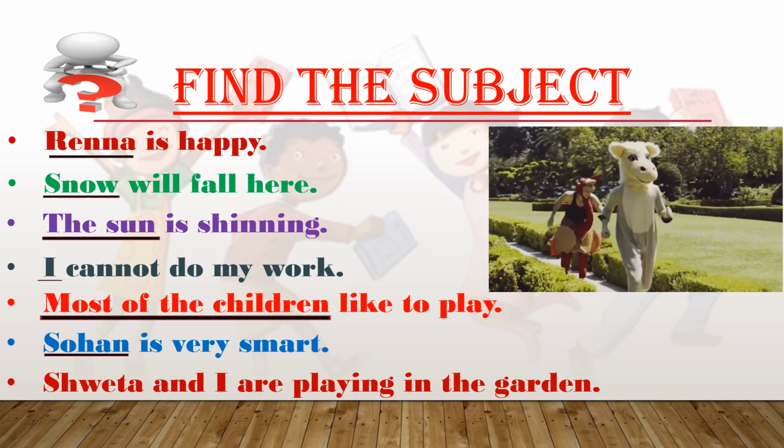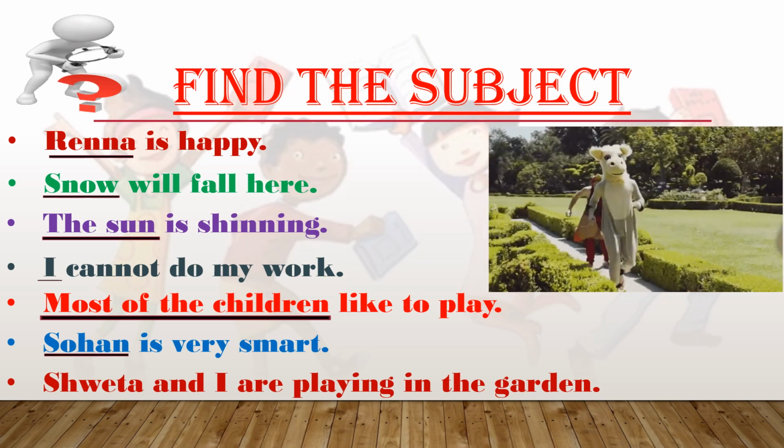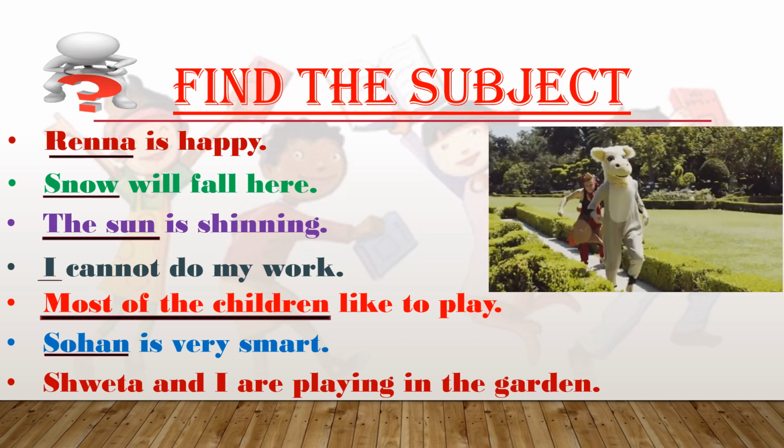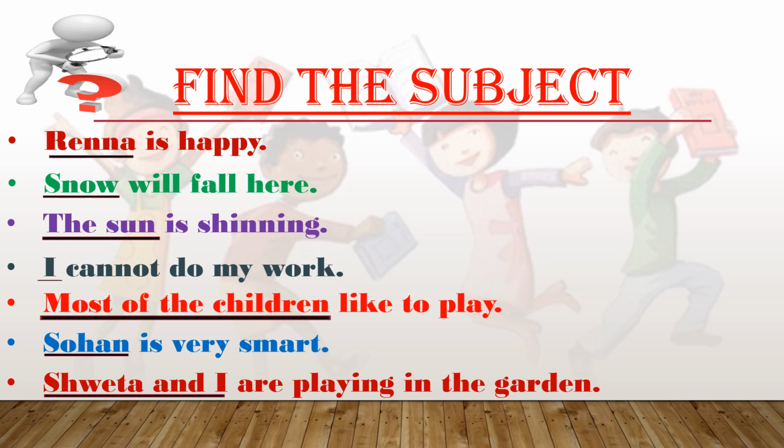But not only Shweta. Shweta and I are playing. That means Shweta and I is the subject of this sentence. So now I am sure all of you will be able to identify the subject in any given sentence. So let's move on to the next part.